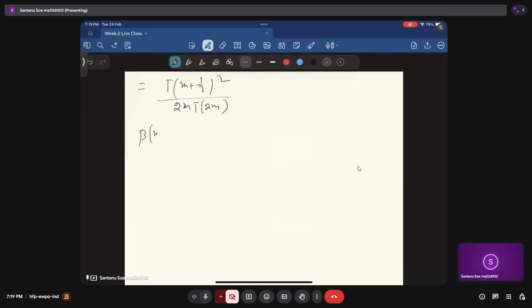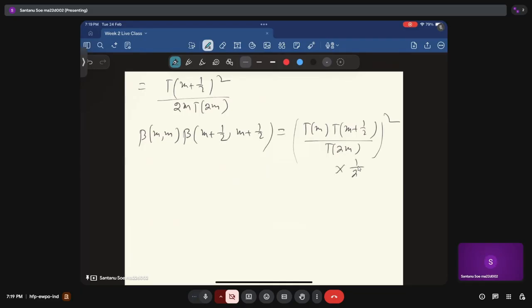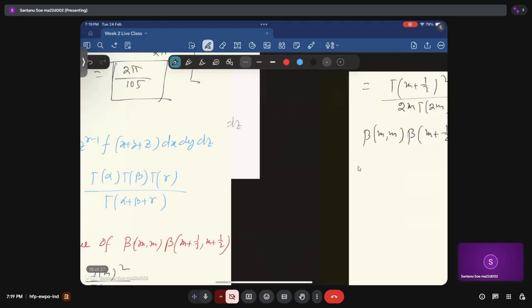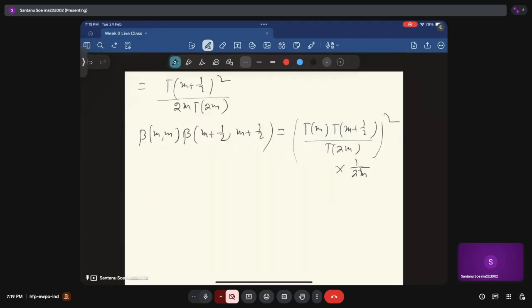So beta of m comma m into beta of m plus half comma m plus half is gamma m into gamma of m plus 1/2 divided by gamma of 2m, square, into 1 by 2m. Correct.